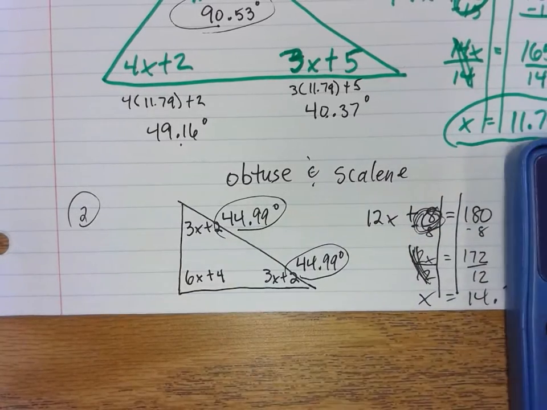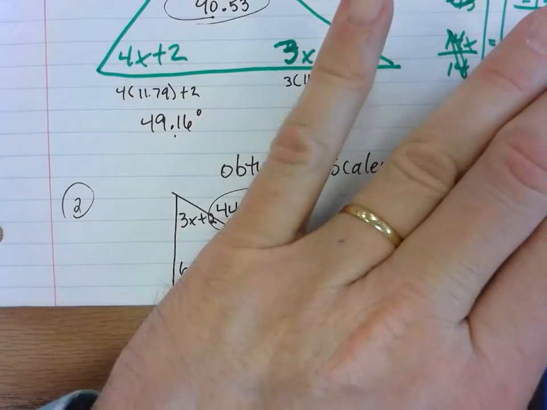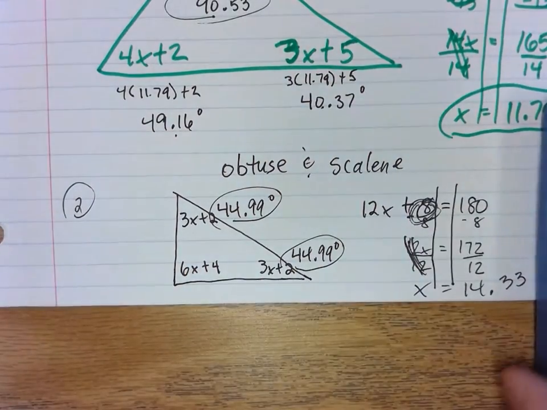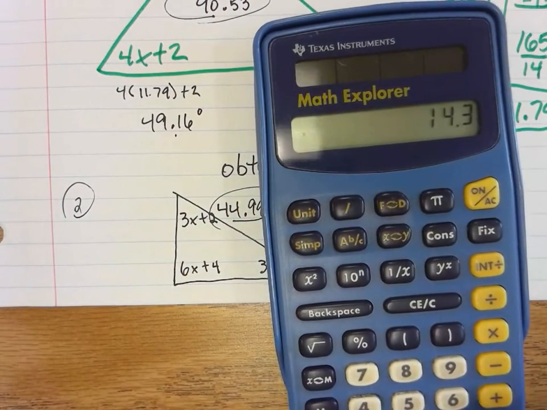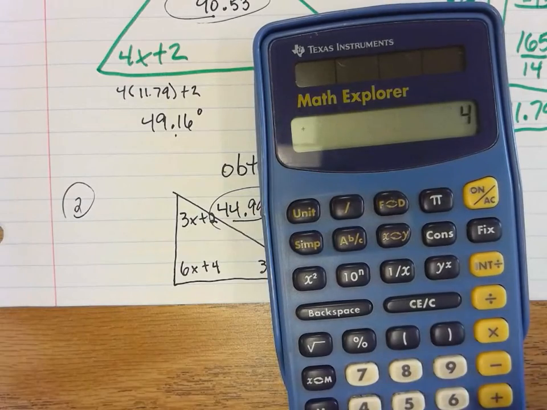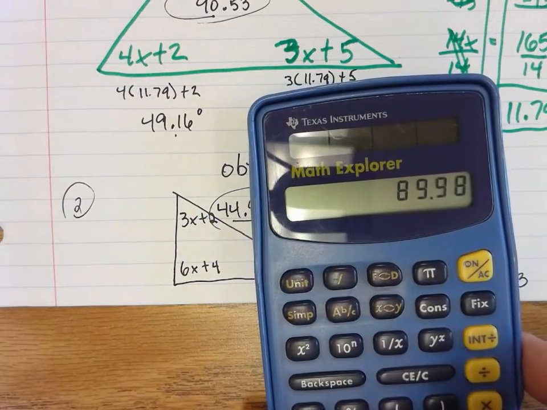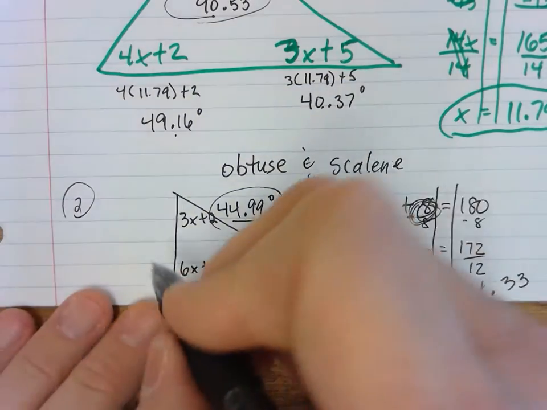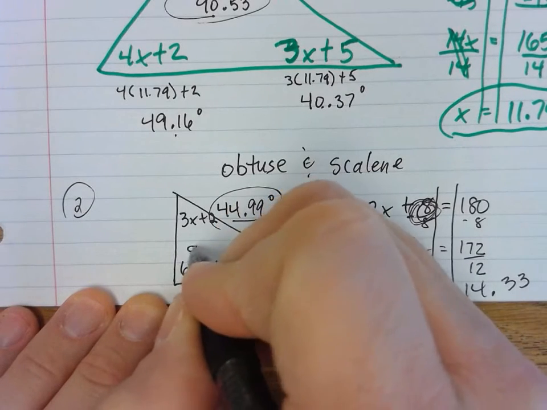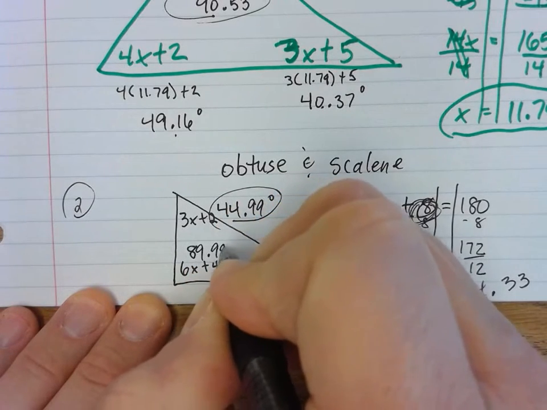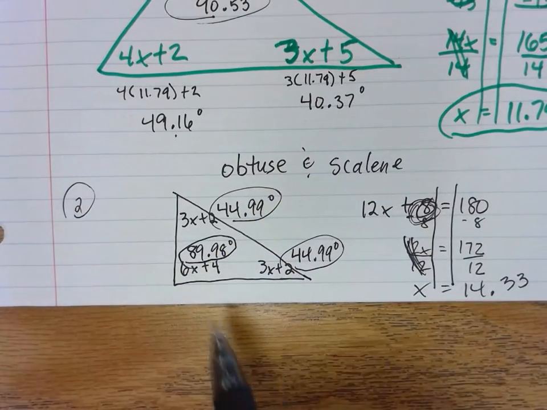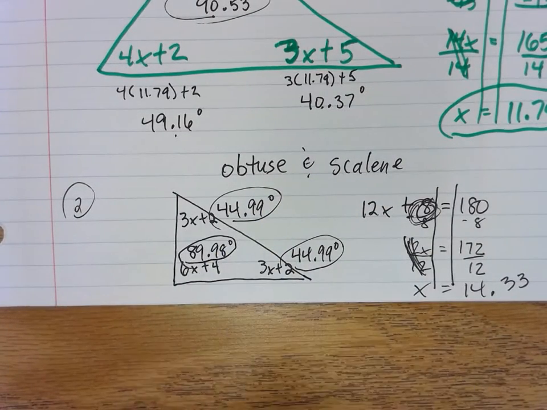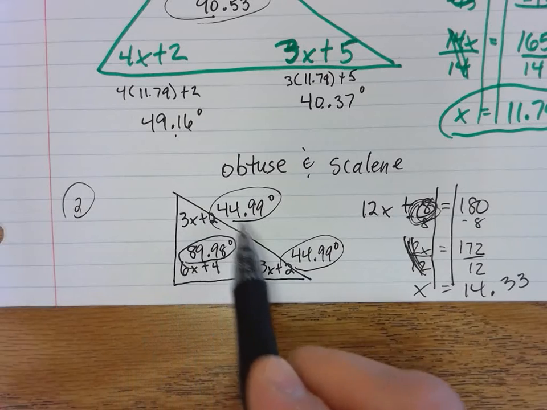Let's do 6 times 14.33 plus 4. That's 89.98. In reality, they'd probably say that was a 90-degree angle and those were 45. So they'd probably say 90, 45, 45.